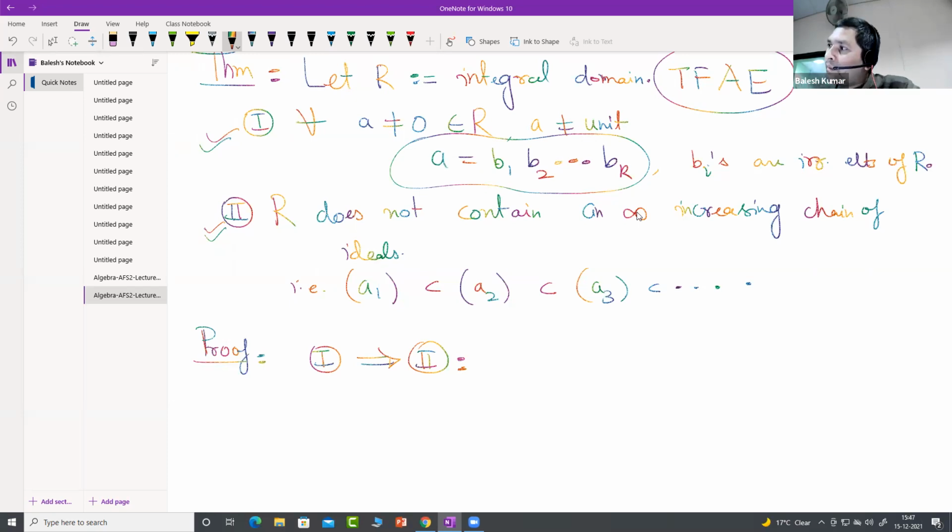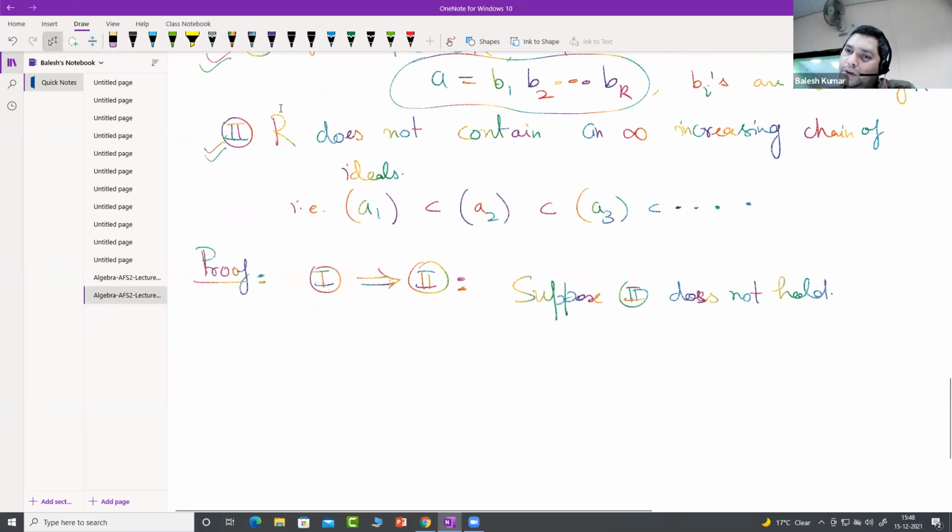So suppose the second condition does not hold. What is the meaning of that? It means this integral domain R contains an infinite increasing chain of ideals.